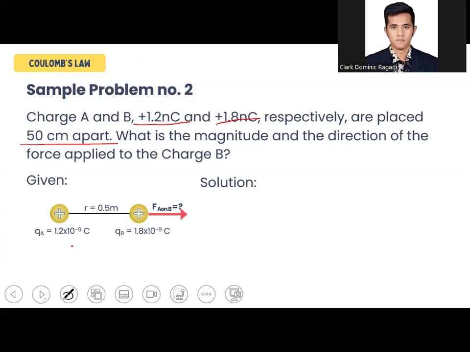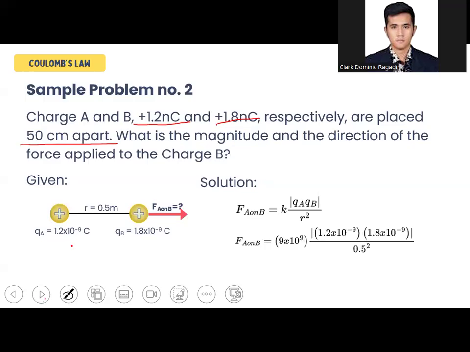Since these are charges, we're going to use Coulomb's law. So we have FA on B equals the proportionality constant times the absolute value of QA times QB over r squared. Let's input our data.